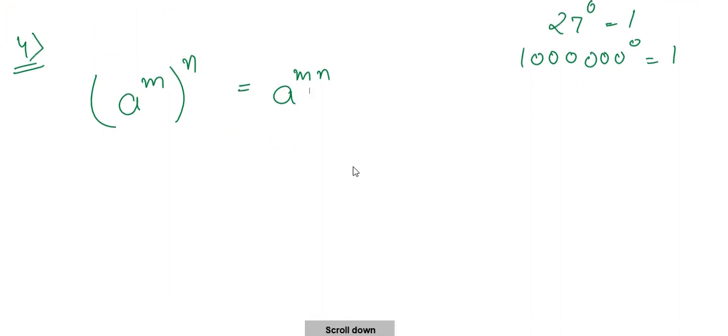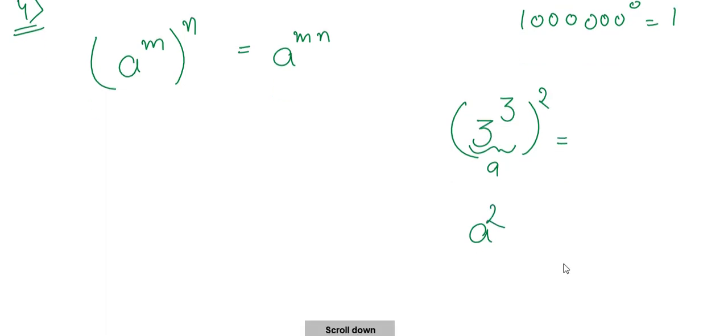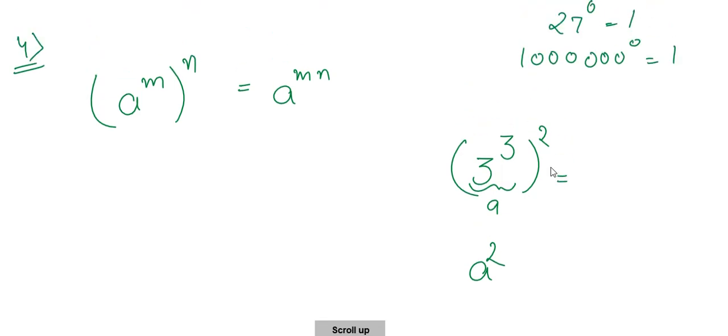Let me illustrate this: if I have 3 raised to the power 3, if I treat it as a number and I take another exponent of the given exponent, let me suppose 2, you can write it as 3 raised to the power 3 times 2, treating them as m and n, which would give you 3 raised to the power 6.